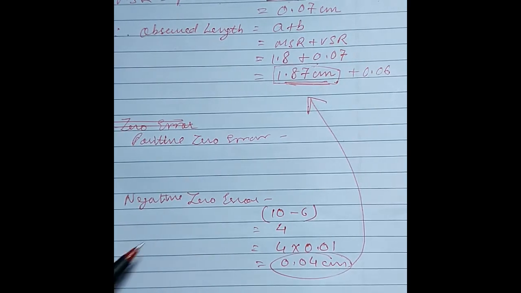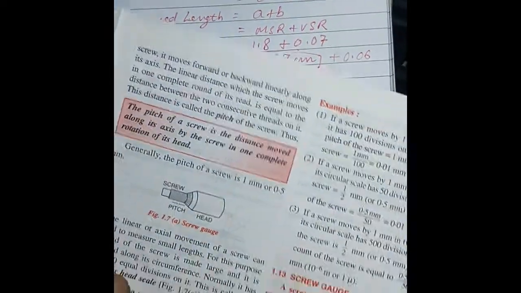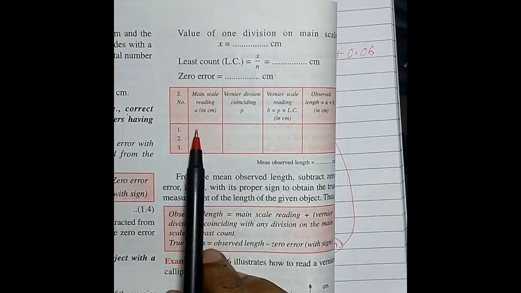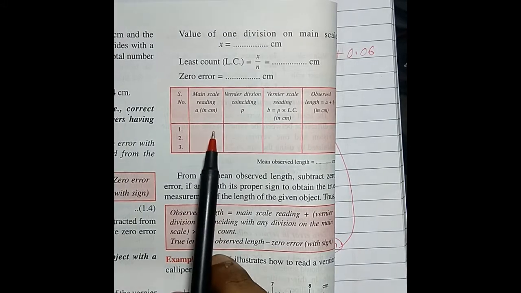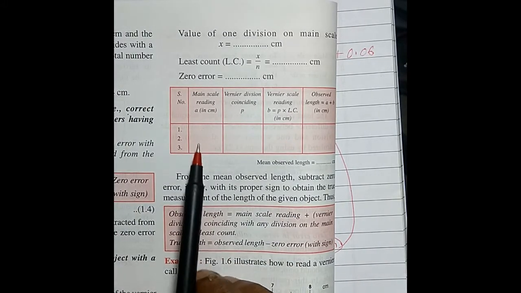Now you can go through the observation table that is given in your book. While we are doing the practical of it, we are not taking just one reading, we are taking more than one, at least 3 readings.